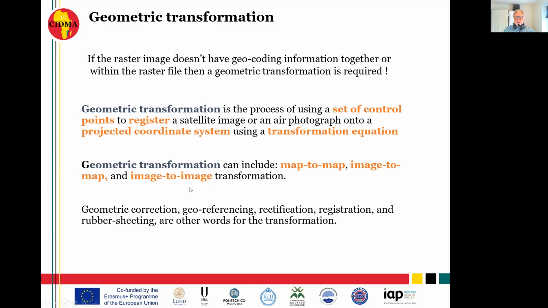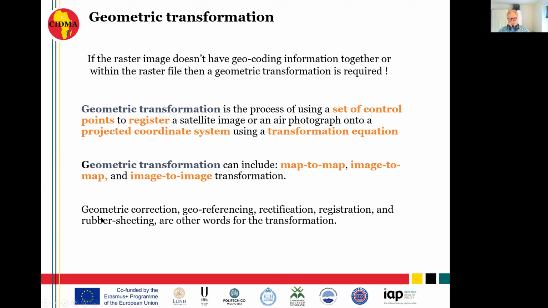And we can use an image to image transformation. That is often done when we have two satellite images and we want to fit them perfectly to each other. So we may find a small house in one satellite image with the unknown coordinate system, and we find the same house in the satellite image where we have a coordinate system, and then we can transform it so they have the same coordinate system.